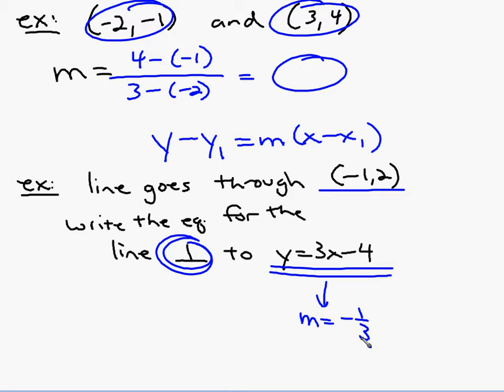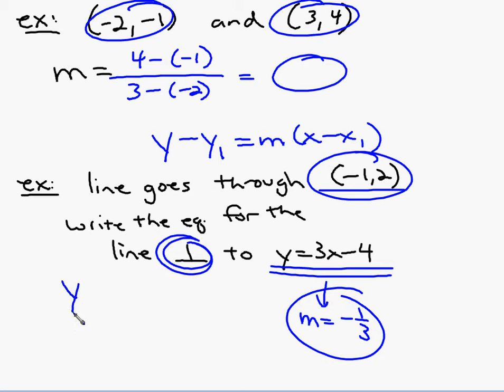Well, guess what you have now? That's why I said the point-slope equation is so useful to us, because now I have a point and I have a slope. So I just plug it into y minus y1 equals m times x minus x1. Can't you just plug the (-1, 2) into that equation and find these? Well, you have to remember something. The line that we're talking about is the line that's perpendicular to this line.